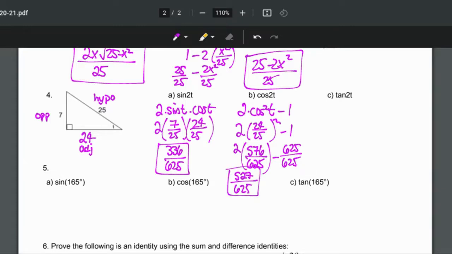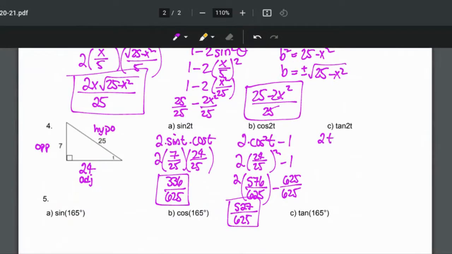For tangent of 2t, we're going to look at the double angle formula for tangent. So we've got 2 tangent t over 1 minus tangent squared t. So we know tangent is the TOA in SOHCAHTOA, and that's going to be 7 over 24. So we have 2 times 7 over 24 over 1 minus 7 over 24 squared.